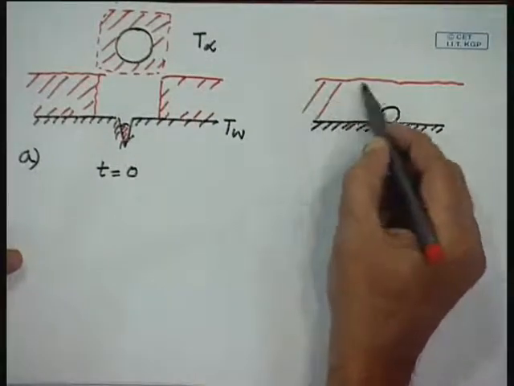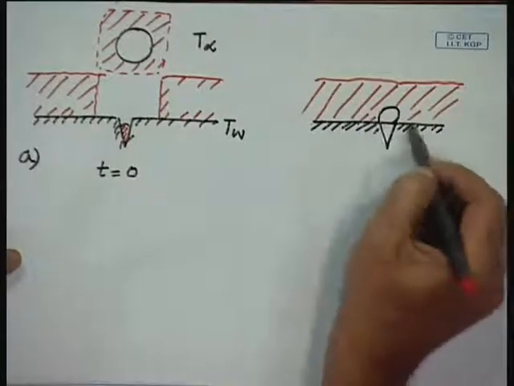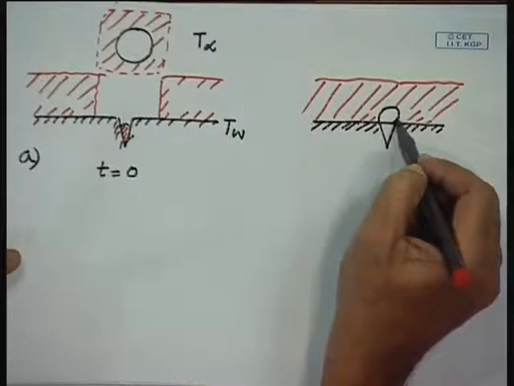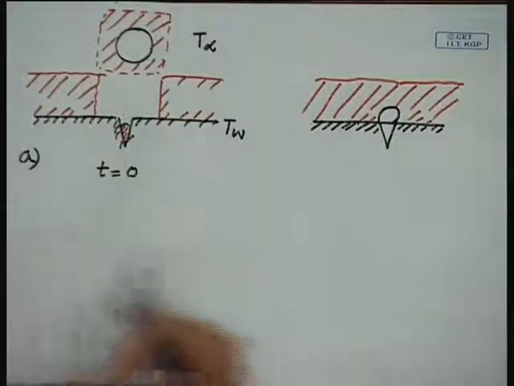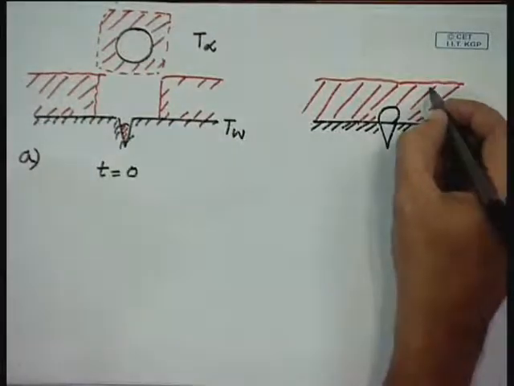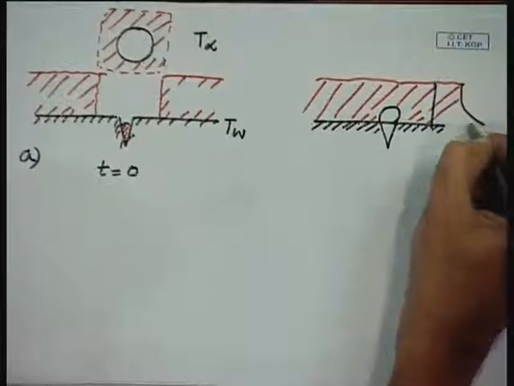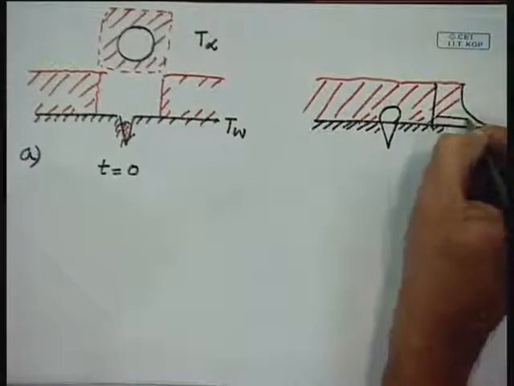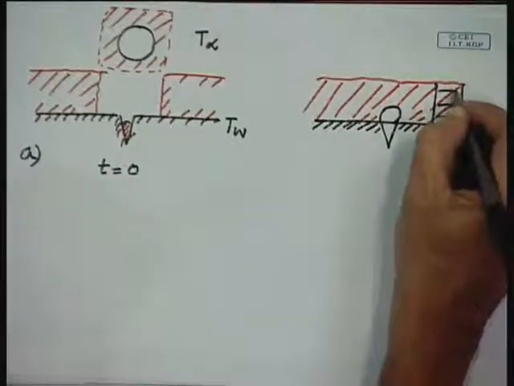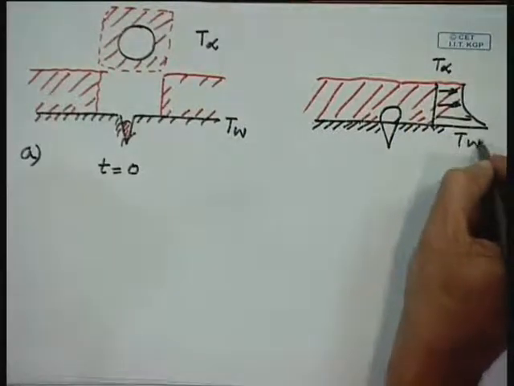By this time it has been repaired. And if you take the temperature profile, it is something like this. Here it is T infinity, here it is T wall. So, this is very important.